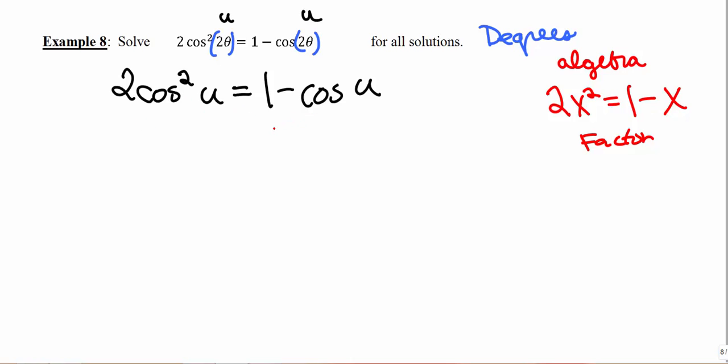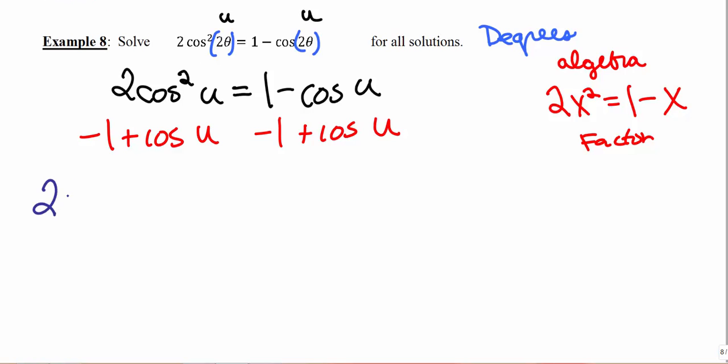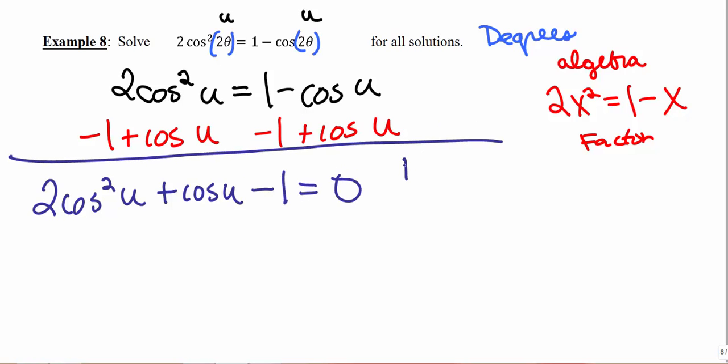So I'm going to bring everything over to the side with cosine squared, so I'm going to subtract 1 and add cosine of the angle. So minus 1 plus cosine of that angle u. So we get 2 cosine squared u plus cosine u, in the order that we're familiar with, minus 1 equals 0. And we're going to factor this.